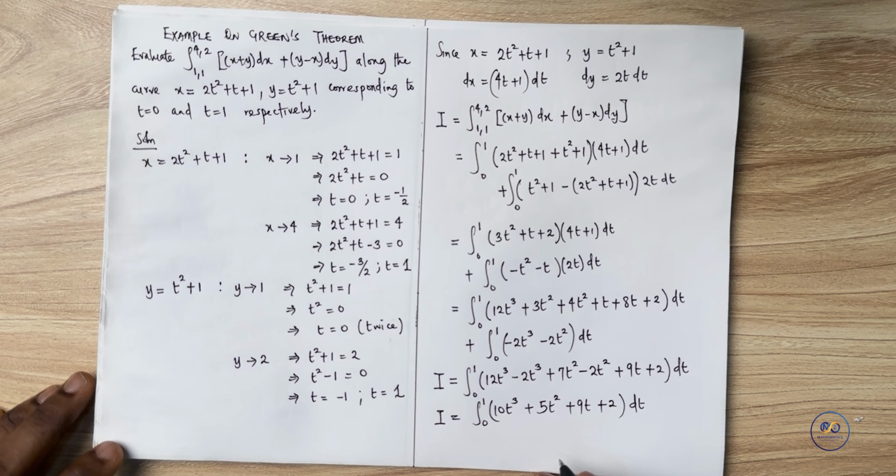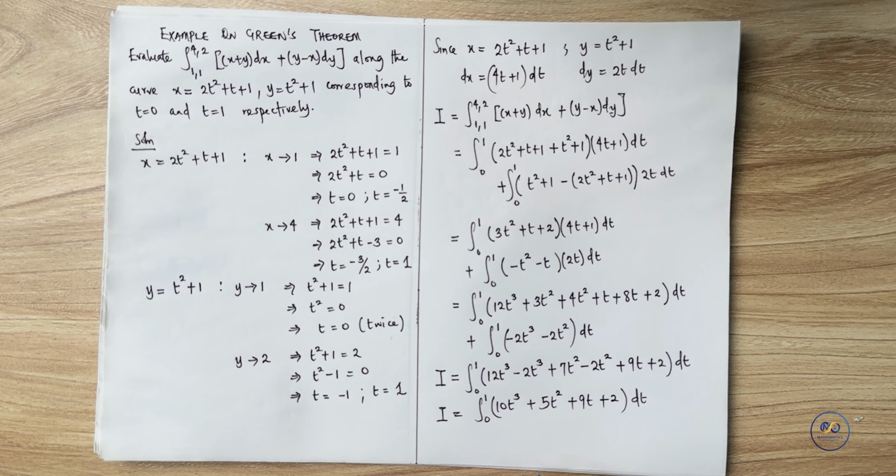So now let us see if we can evaluate the final result. What we are simply going to do is evaluate this using our basic algebraic method of integration that we always use.